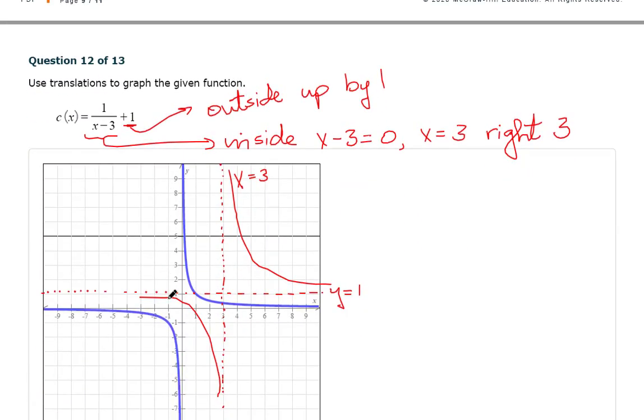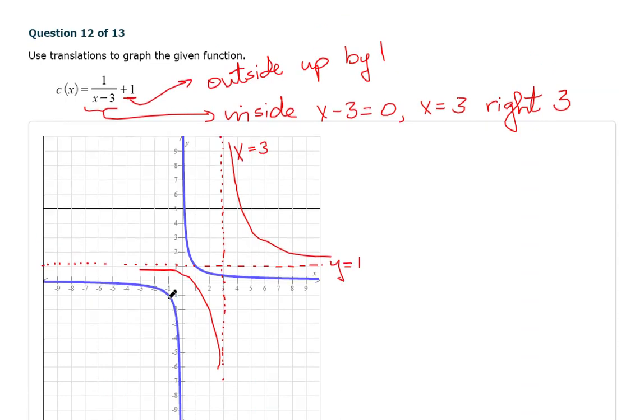All right, question 12. We have 1 over x, the one that has the vertical asymptote at the origin. Let's see what's going on. The plus 1 shifts the whole graph up by 1. Here's something inside with the x. So that's a left or right.